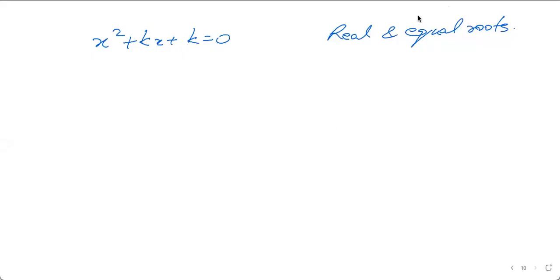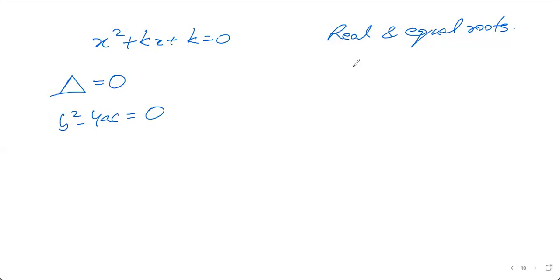Because we know that the roots of this equation will be real and equal, what it means is the discriminant, not d, delta, is equal to 0. What is delta? Delta is b square minus 4ac should be equal to 0.